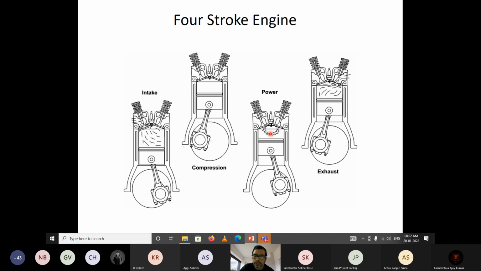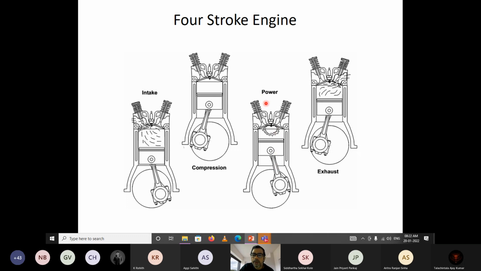Whichever way, right now we are not concerned. We are only concerned that towards the end of the compression stroke, the mixture is going to combust and the pressure and temperature inside the combustion chamber are going to be very high. And it will push the piston further down.